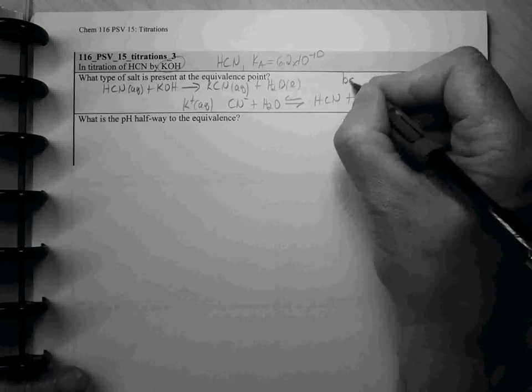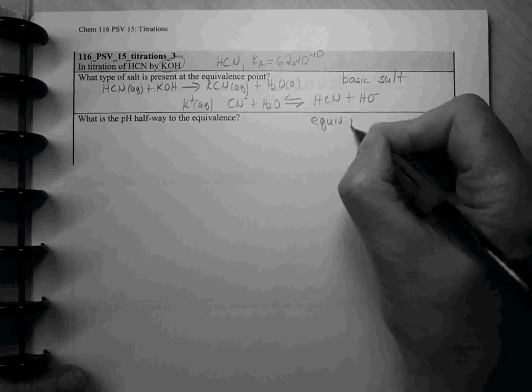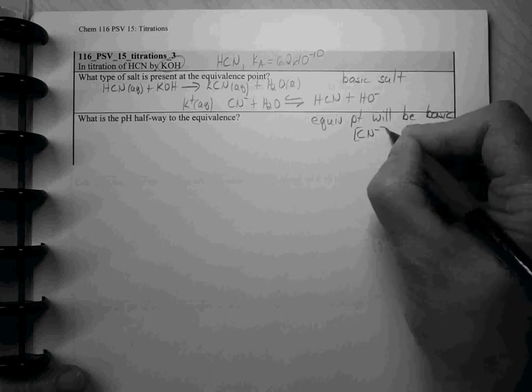So this we know is going to be a basic salt. So we're going to expect our equivalence point to be basic, because at equivalence, what we'll have in solution is essentially a solution of CN minus, which is a weak base.